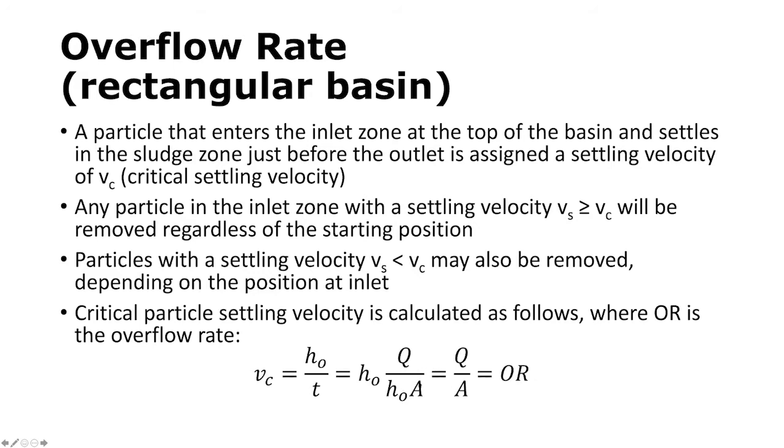So this area here would be the surface area, looking down on the reactor with a bird's eye view. So these H zeros cancel out, and we're left with Q divided by A.